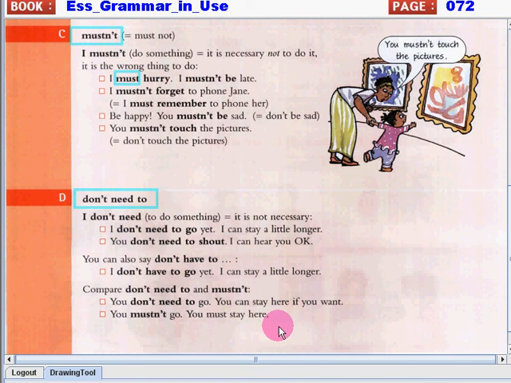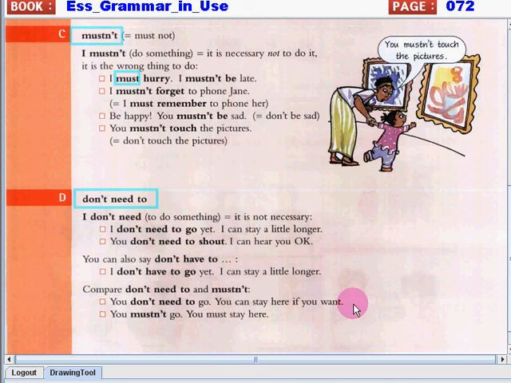The second sentence is stronger than the first sentence. It says here that the subject must not go. That means it's important and it's a direction or an order for the subject to do. Okay? So the subject doesn't have a choice but to follow that.